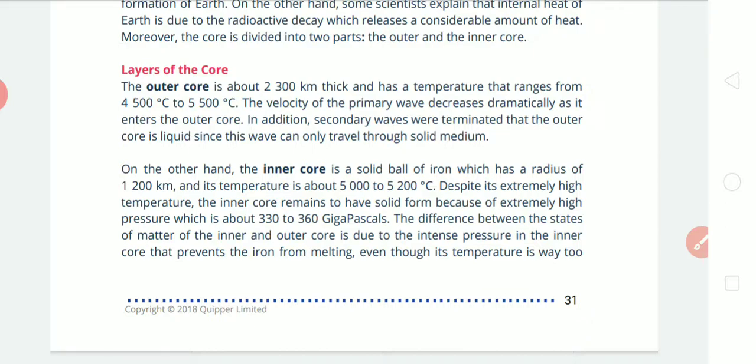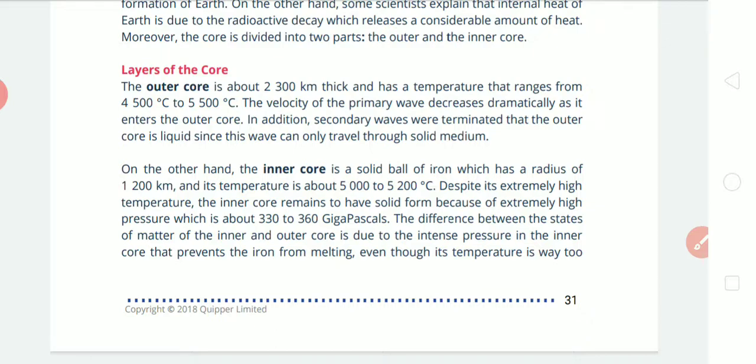solid medium. On the other hand, the inner core is a solid ball. The inner core is solid, while the outer core is liquid. The inner core is a solid ball of iron, which has a radius of 1,200 km and its temperature is about 5,000 to 5,200 degrees Celsius.